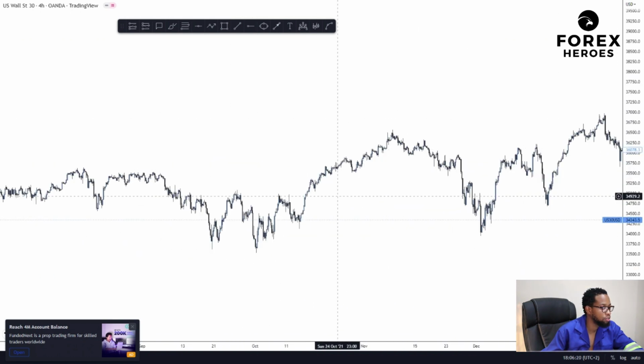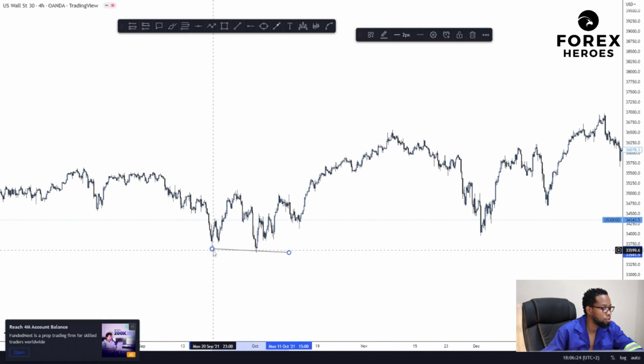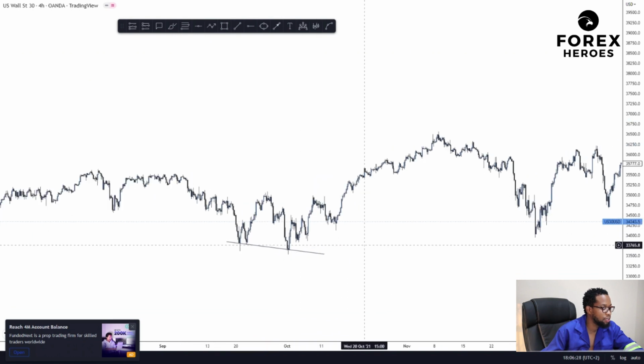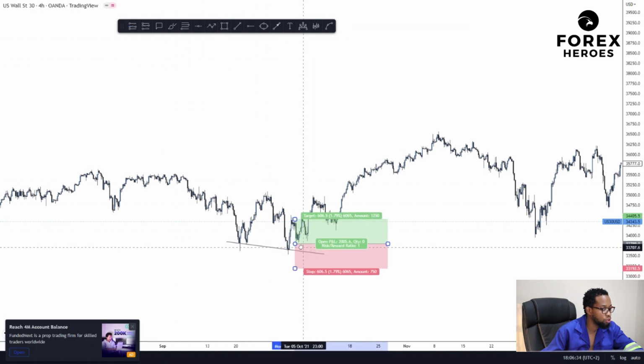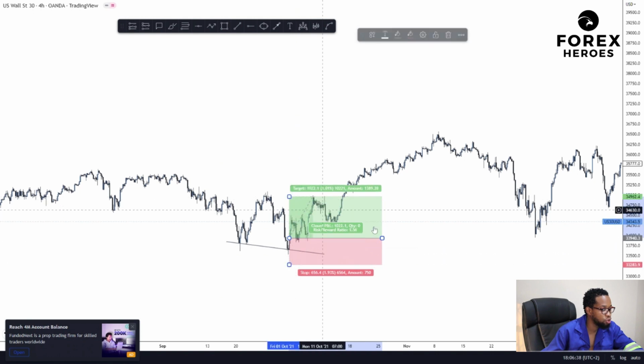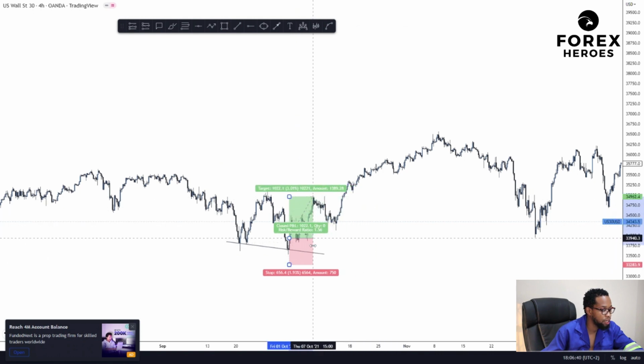Another one. So what I'm saying is that whenever you're taking this kind of trade, you can put your lines here, but when you put in your stop loss, take account of these lows so that you don't get caught up.